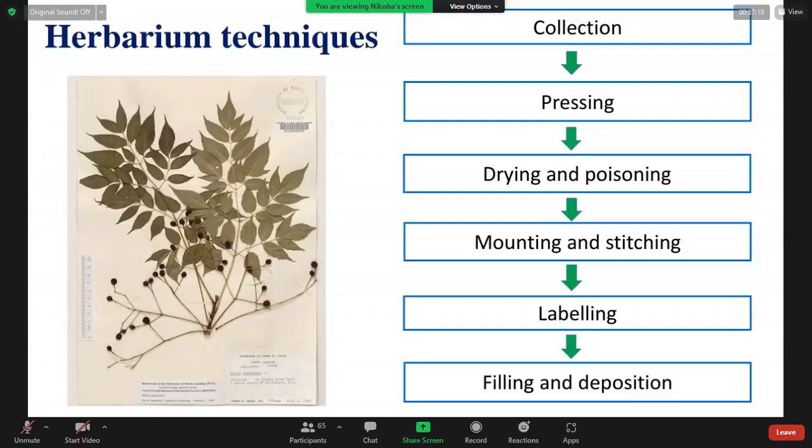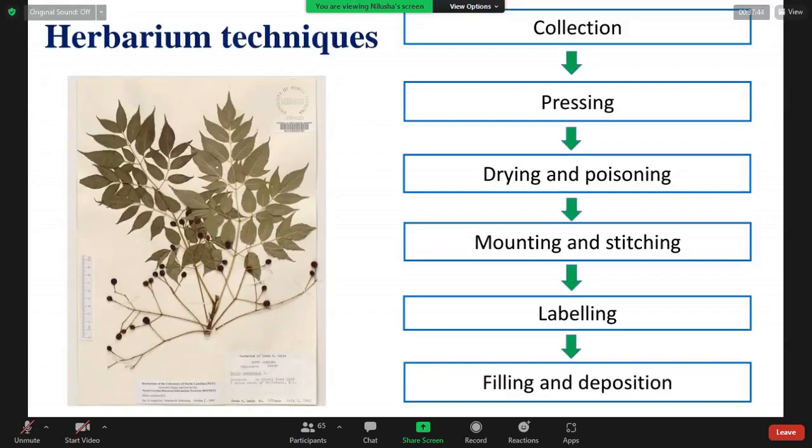You keep it within book pages or newspaper pages like that. After pressing, you can obtain the specimen in a dried condition.